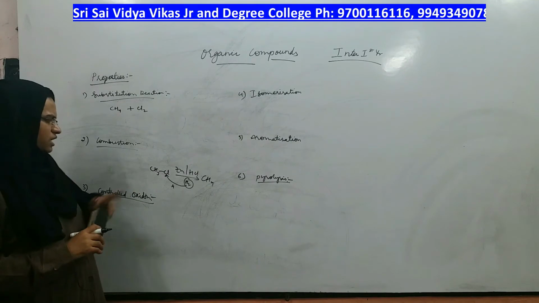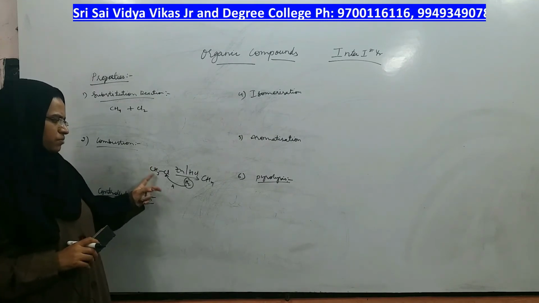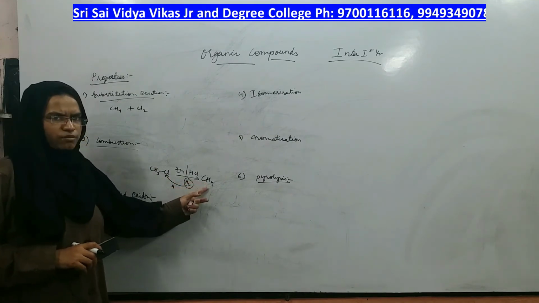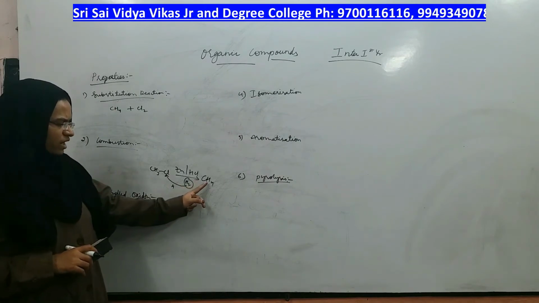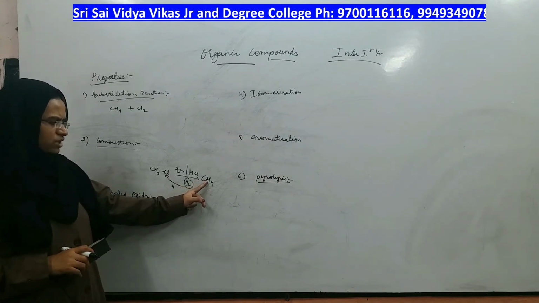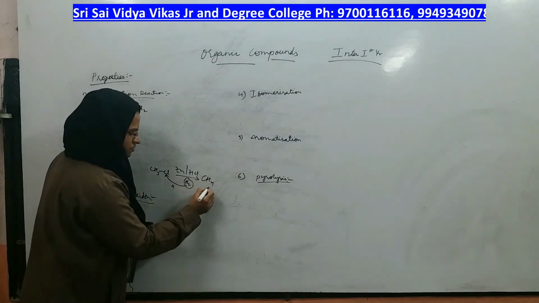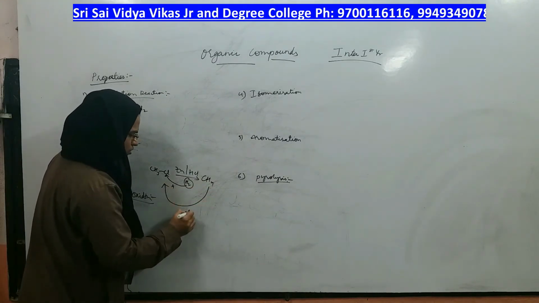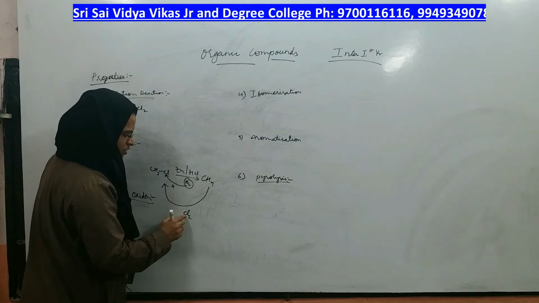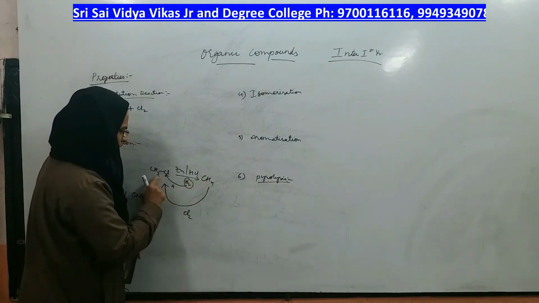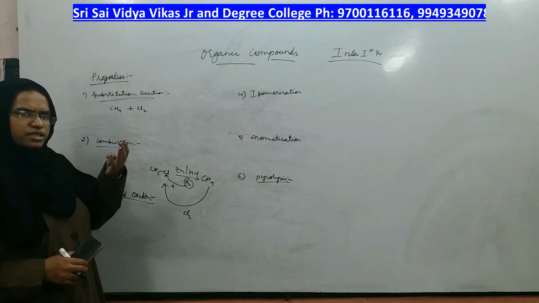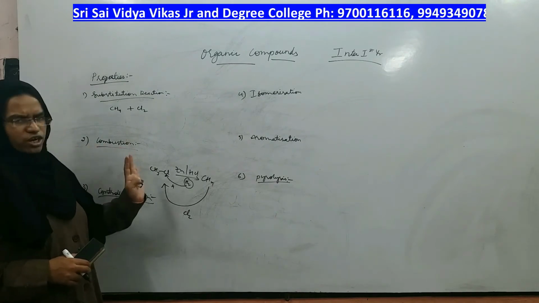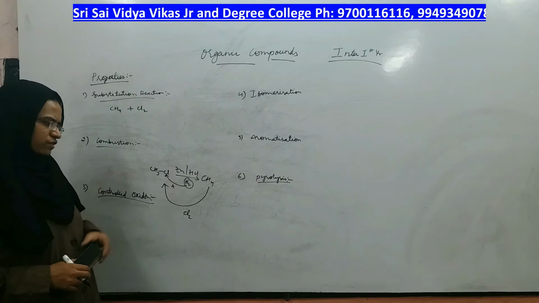If this is the reaction you study under preparation of alkanes, the opposite reaction you will study under properties of alkanes. If an alkane undergoes substitution reaction by chlorine, what happens? One chlorine will take the place of one hydrogen to give you alkyl halide. The backward reaction is the property of alkanes. The forward reaction is the preparation of alkanes, right?